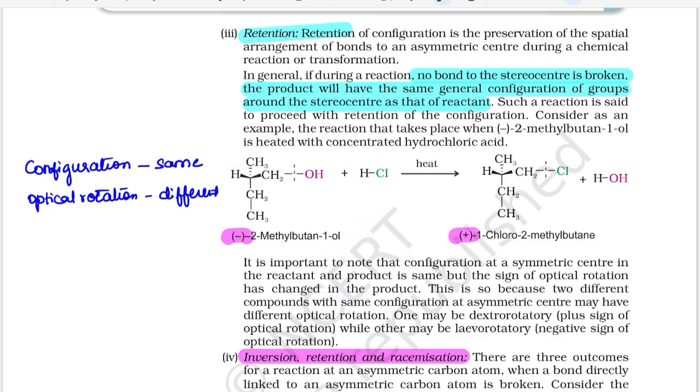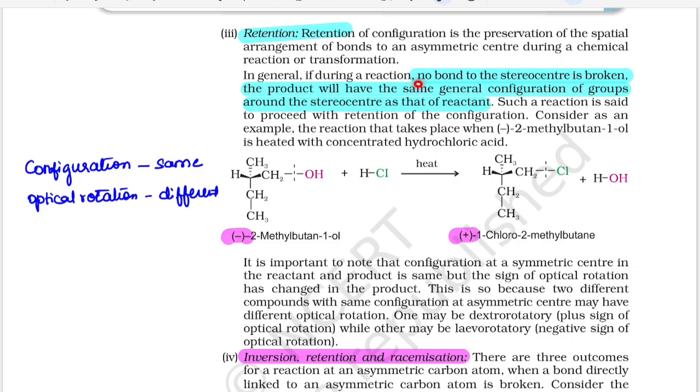So here when it is reacted with HCl, this bond is broken. This is not attached to stereo center. This is stereo center. So stereo center bonds are 1, 2, 3, 4. So these bonds are not broken. Leaving this, the other bond is broken. When the other bond is broken, then the configuration is not going to change.